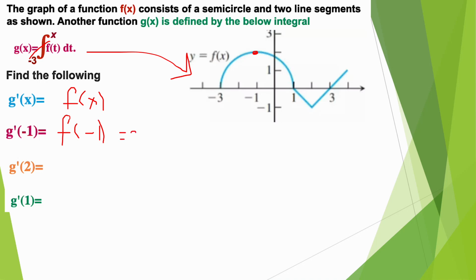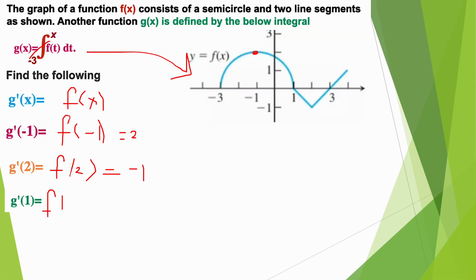Then same, if I want to find g prime of 2, which is f of 2, and f of 2 in this case is -1. And g prime of 1 is f of 1, and f of 1, we know it is 0.